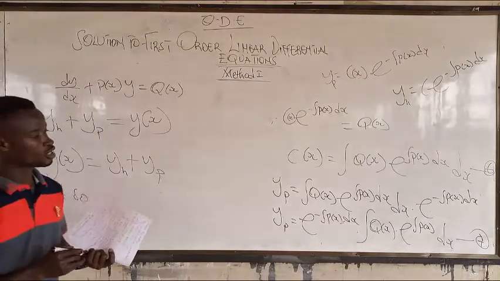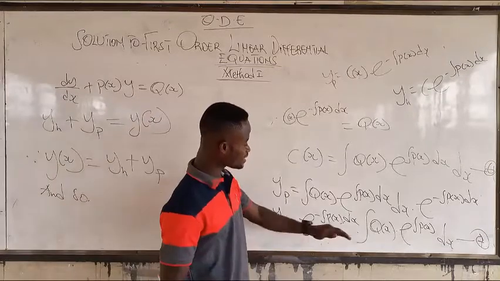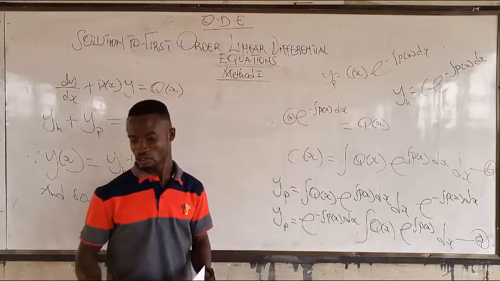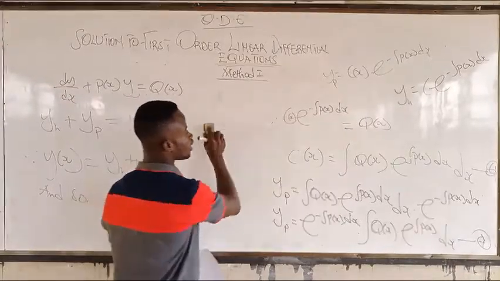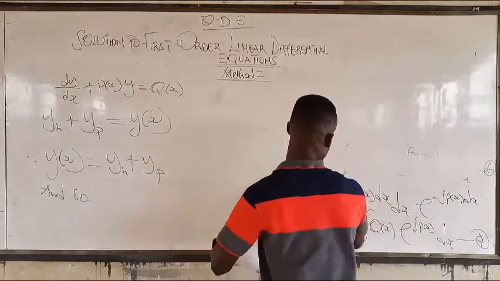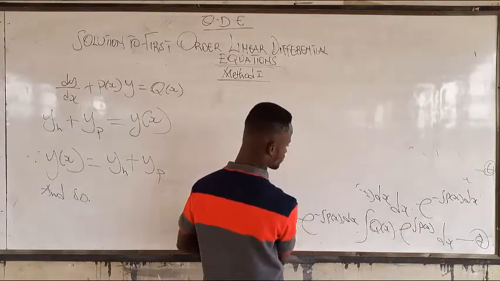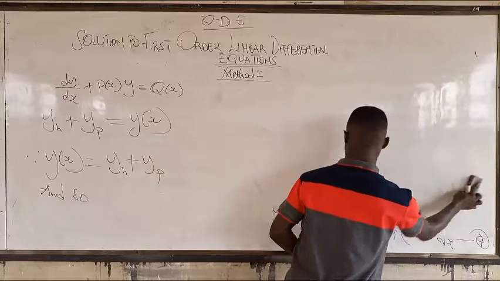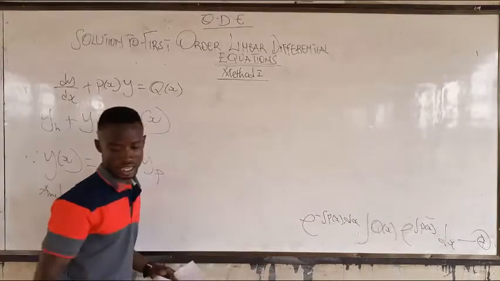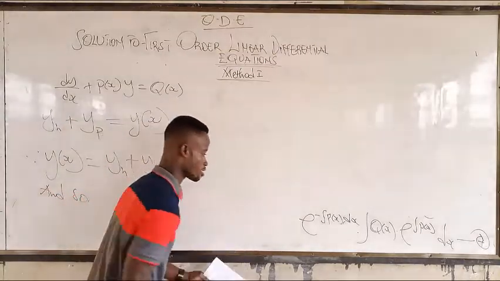And so we are going to add this part to this side. So generally, we are going to get some bunch of steps. Since we have the yp here, let me reduce my work.